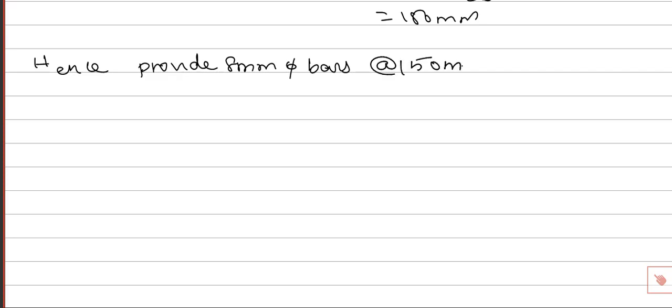Hence provide 8 mm dia bars at 150 mm on both faces of the wall in vertical direction.